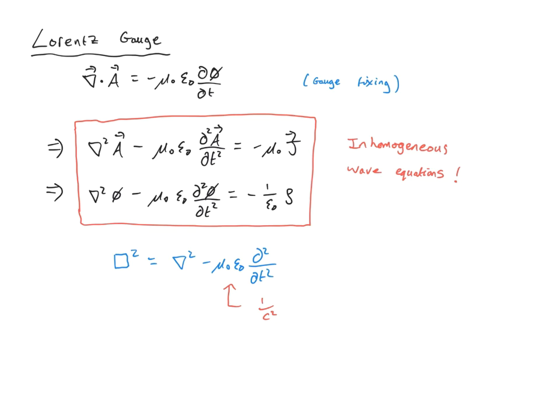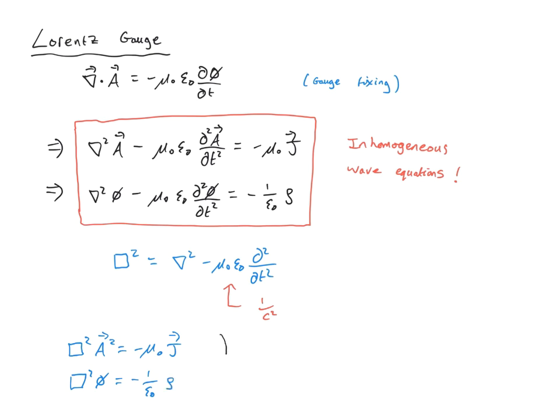So with that in mind, we can write down our equation for the potentials as D'Alembertian squared, box squared, A is equal to minus mu naught J, and box squared phi is equal to minus 1 upon epsilon naught of rho.